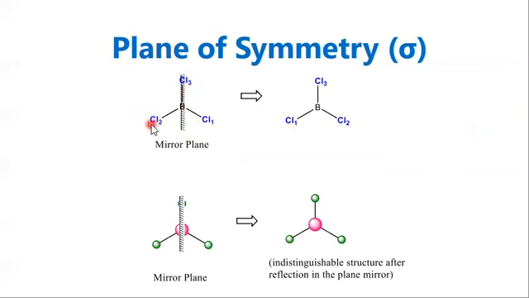Cl2 on the left-hand side will become the right-hand side, whereas Cl1 on the right-hand side will become the left-hand side. In reality, since these are spheres, after the reflection we cannot differentiate the original configuration from the reflected one. So we say boron trichloride has a plane of symmetry.